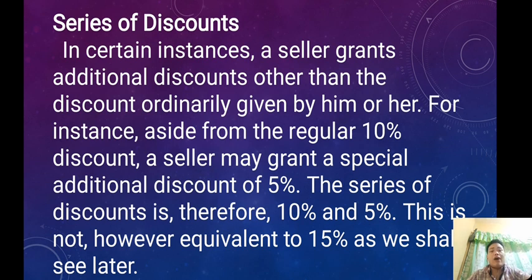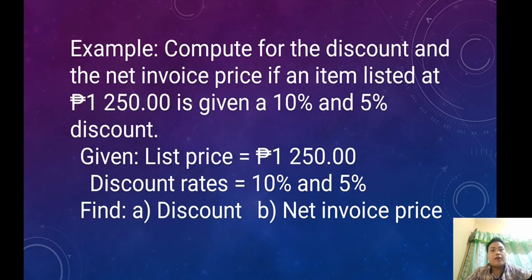This is not, however, equivalent to 15%, as we will see later. Example: compute for the discount and the net invoice price if an item listed at 1,250 is given a 10% and 5% discount. Given the list price is 1,250 and the discount rates are 10% and 5%.